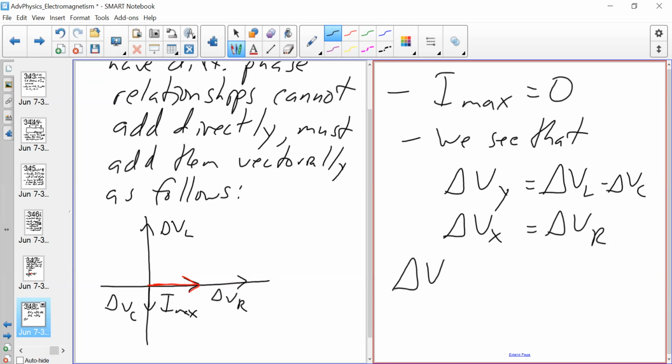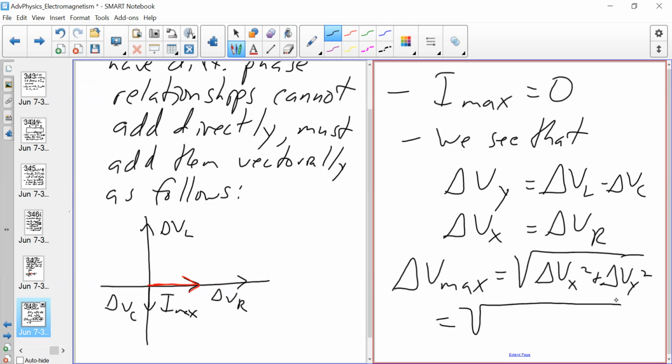And then that looks like this. Pythagorean theorem, delta V squared equals delta Vx squared plus delta Vy squared, which is delta VR squared plus delta VL minus delta VC squared.